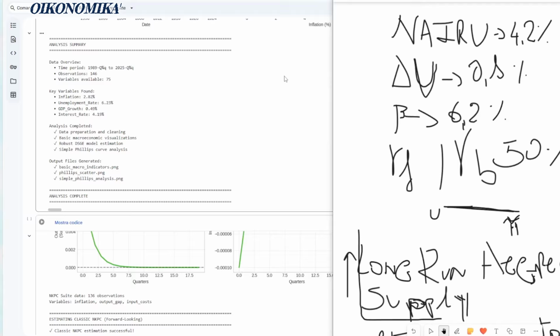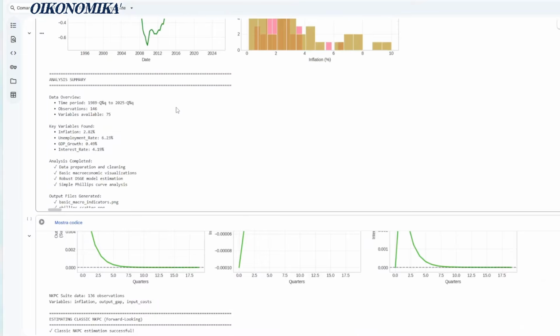So you have a long shopping list, and these are all the parameters. The average unemployment rate in the past 25 years is 6.2%. The average GDP growth is 0.5%. Inflation is 2.8, but there is a volatility component of 2.1. The average level of interest rate is about 4%.